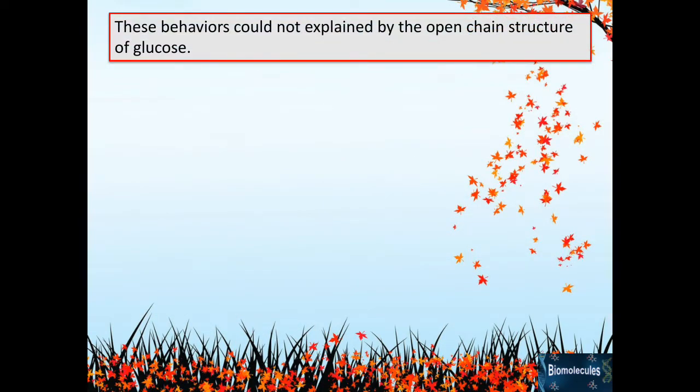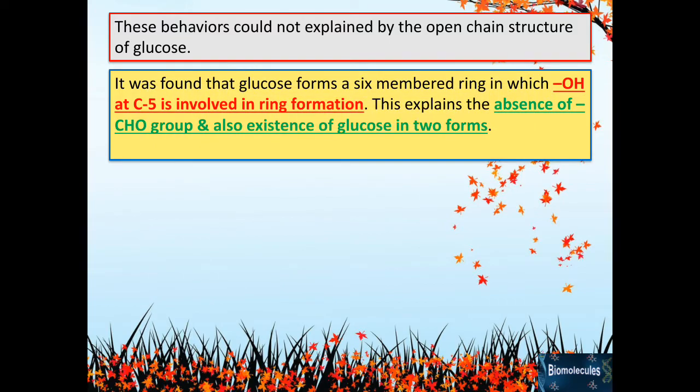These behaviors could not be explained by the open chain structure of glucose. Why? Because later studies show that glucose forms a six-membered ring. So far we have discussed the open chain structure, a straight structure of six carbon atoms.